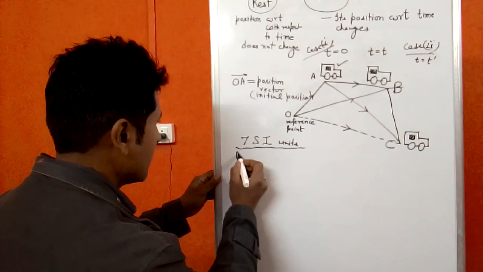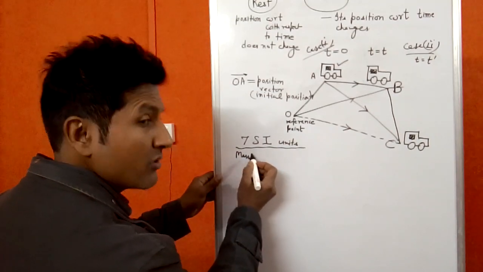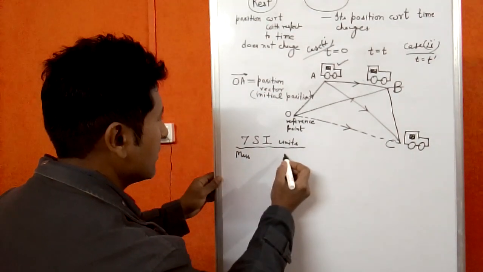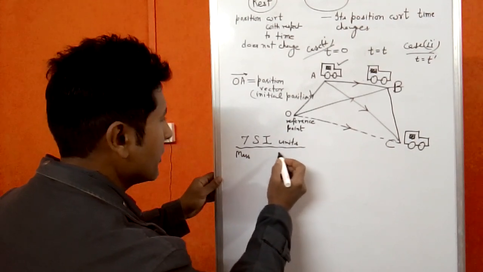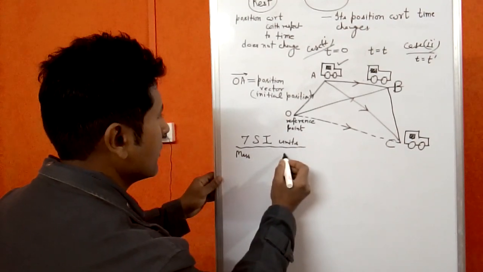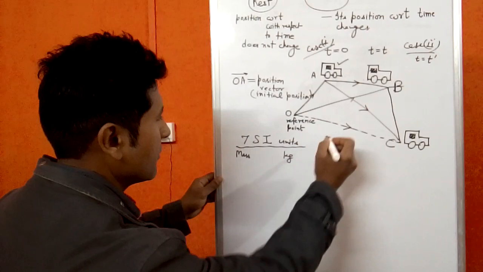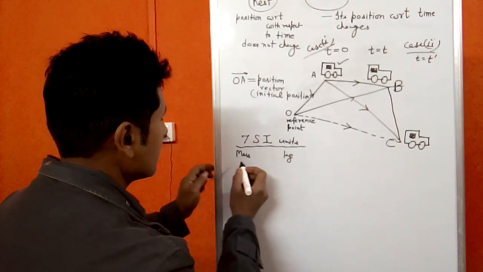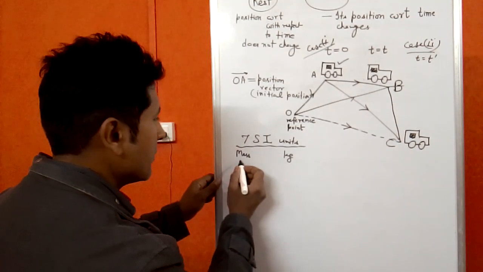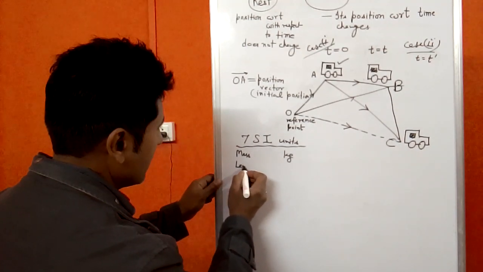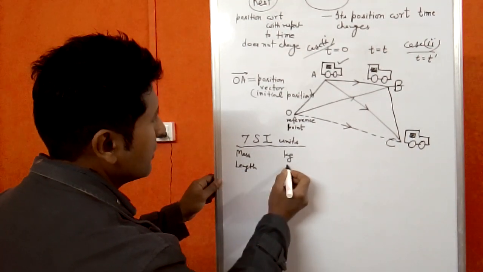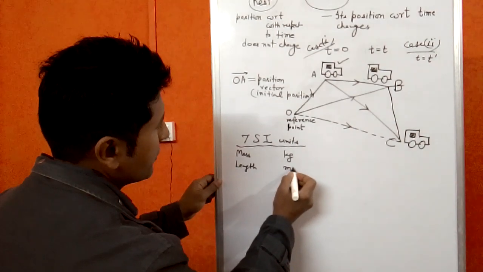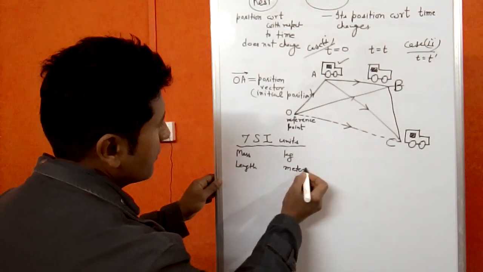Like mass is a physical quantity. It is measured in kg, right? Then length, it is measured in meters, right?